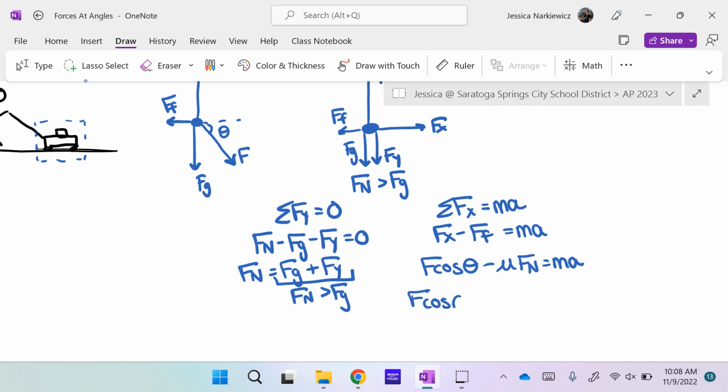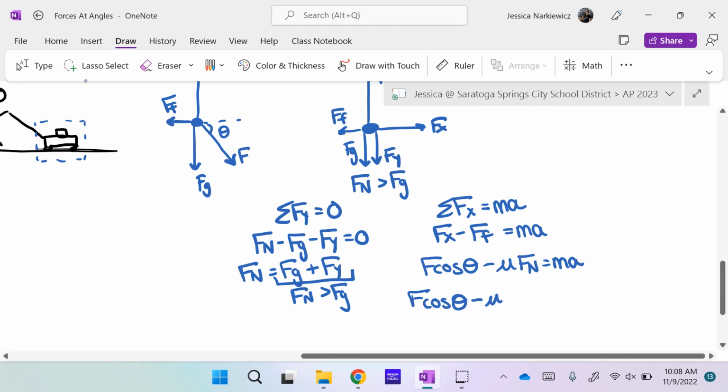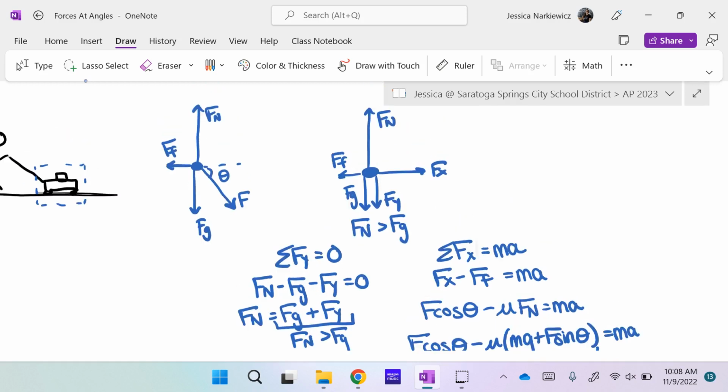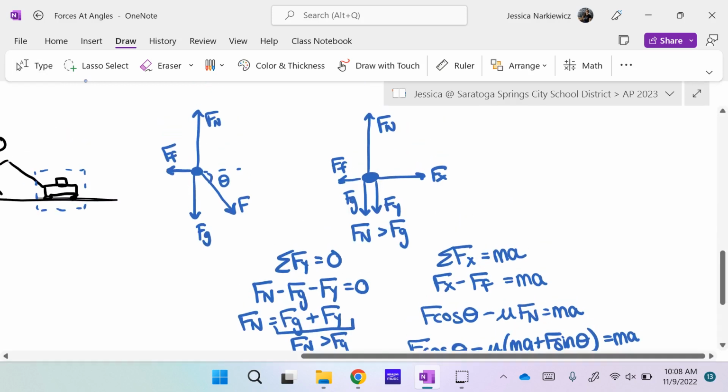Instead, I'm going to remember that my normal force does not equal my force of gravity here, but instead equals the force of gravity plus the y component, equals ma. And again, this supports the idea that the force of friction has increased from what we normally see, right? That's because with the addition of the downward force, the normal force increases. And since friction depends on the normal force, if the normal force increases, then friction increases.